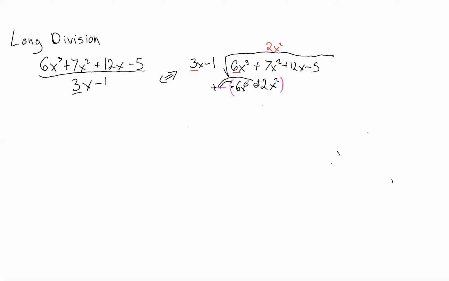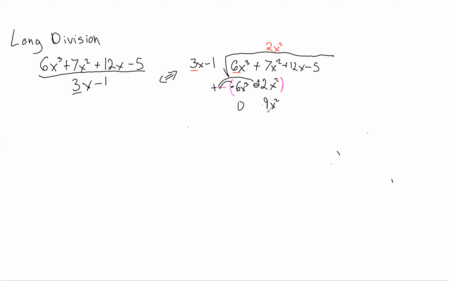And then we add these together. 6x cubed minus 6x cubed is 0, so that's good. 7x squared plus 2x squared is 9x squared. Now I'm ready for the next one. So let's do purple.